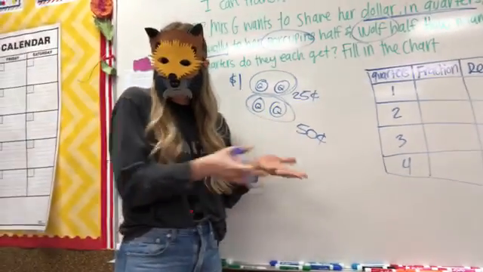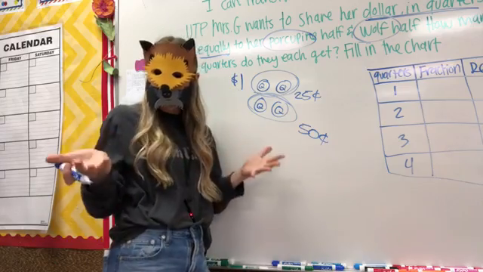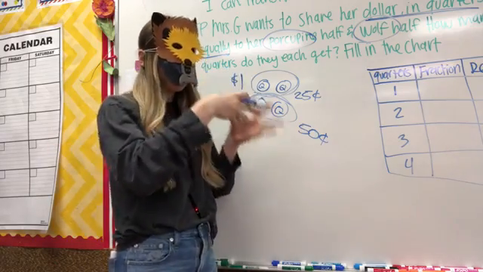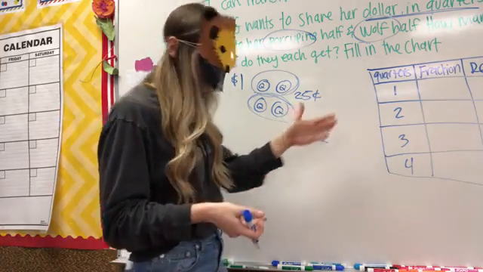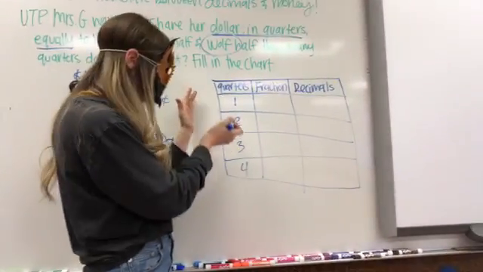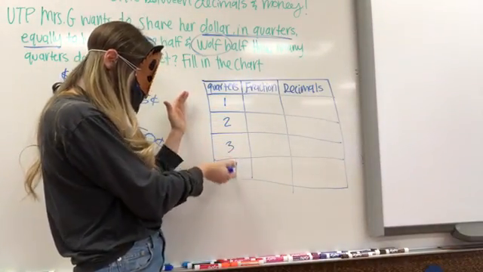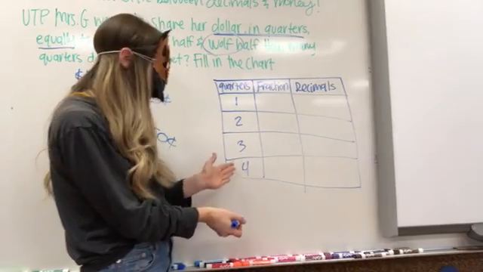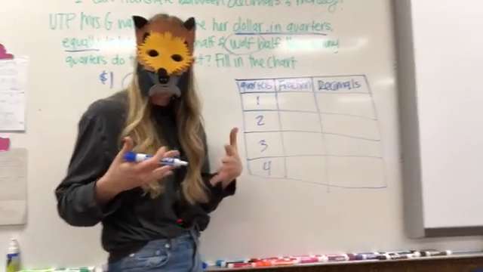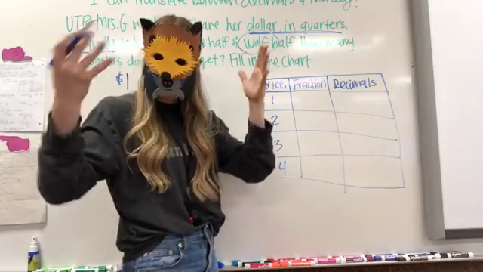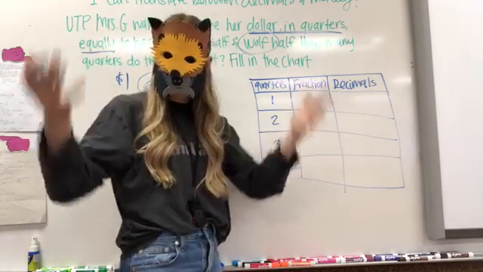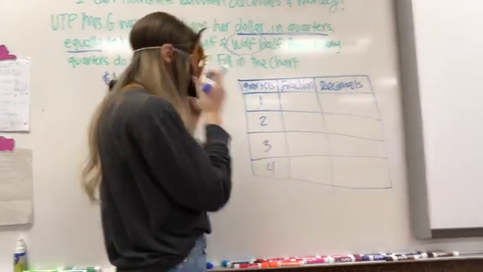But our goal today isn't to see how much certain money values are, it's to see how money can look as a fraction and a decimal. So let's come over here. If I have 1 quarter, 2 quarters, 3 quarters, 4 quarters, which makes up $1, how does 1 quarter look as a fraction? If you think of $1 as out of 100, just like decimals, just like a lot of fractions, not all fractions.